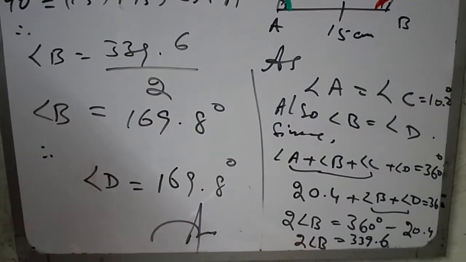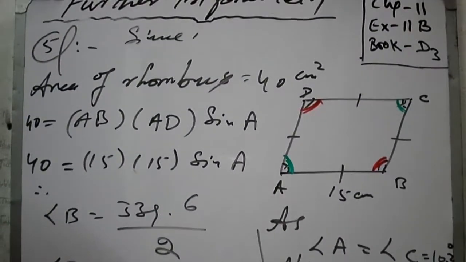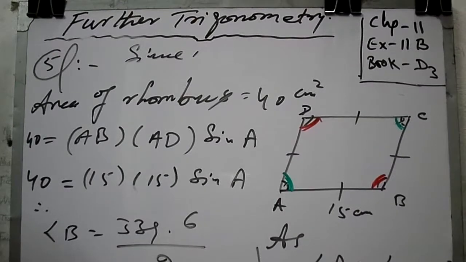Now coming to question number 6. In question number 6, you can see the triangle ABC, in which AB is equal to 40, BC is equal to 80, angle ABC is equal to 30, and XY is an arc of a circle.